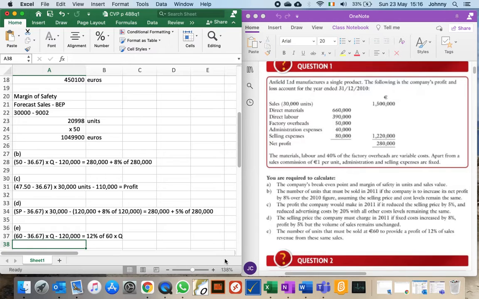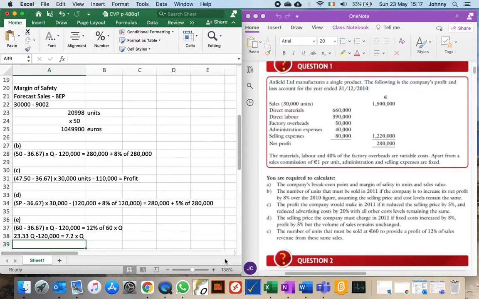My contribution that I have so far is 60 minus 36.67, so that's 23.33 Q, minus 120 equals, now 12% of 60, if you get your calculator and work it out, I think it's 7.2, times Q. So 12% of 60: well, 10% of 60 is 6, and 0.2 of 60 is 1.2. So that's where I got 7.2 from, or you can use your calculator.